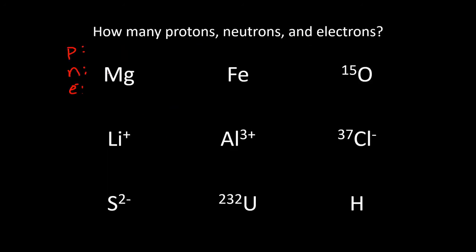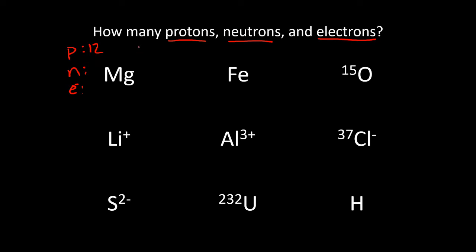So if we have magnesium, and it has an atomic number of 12, that means it has 12 protons. That's what we're trying to find here. We're trying to find the number of protons, the number of neutrons, and the number of electrons in each of these elements here. So it has 12 protons.